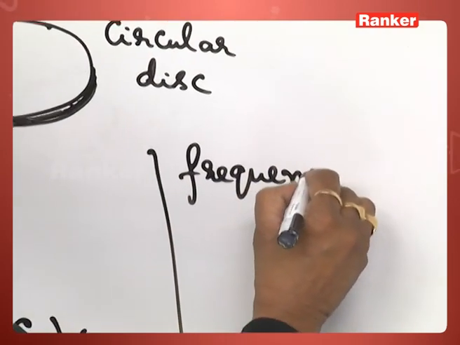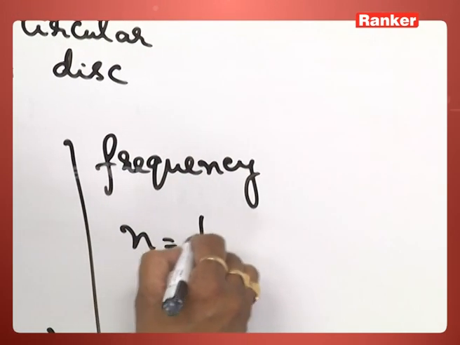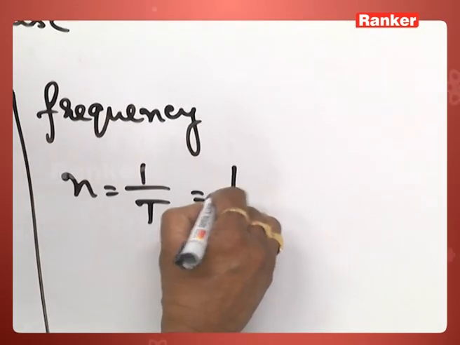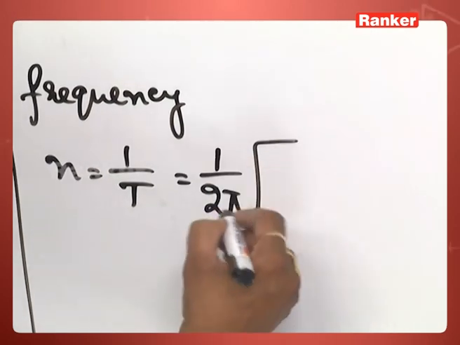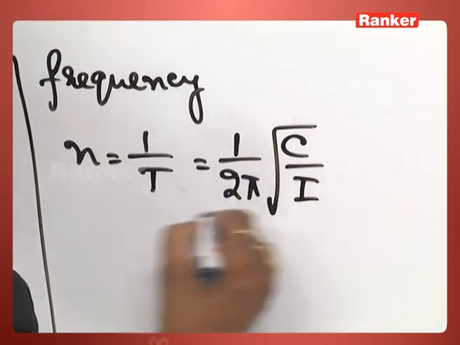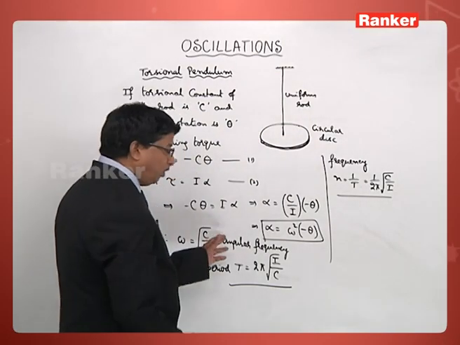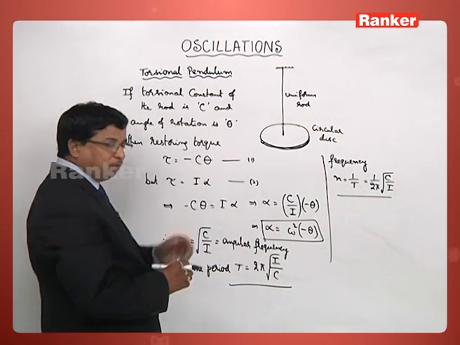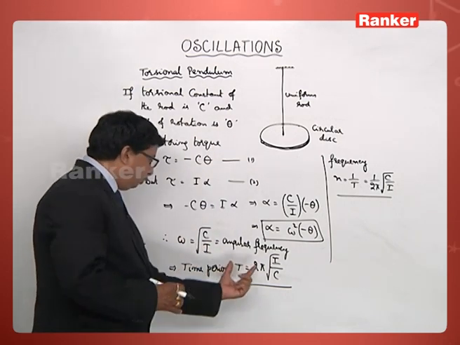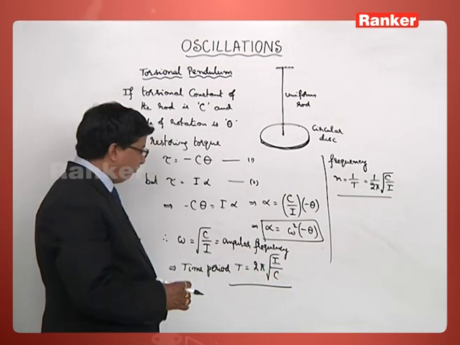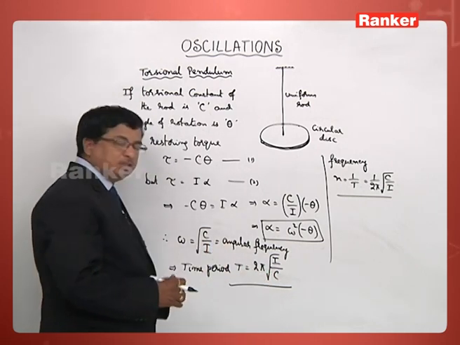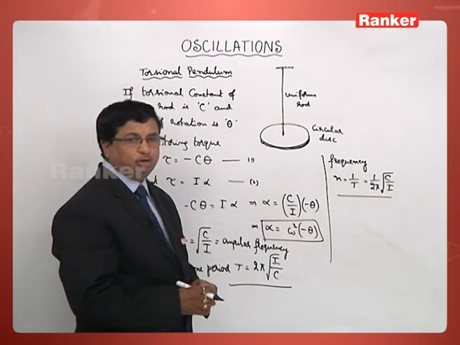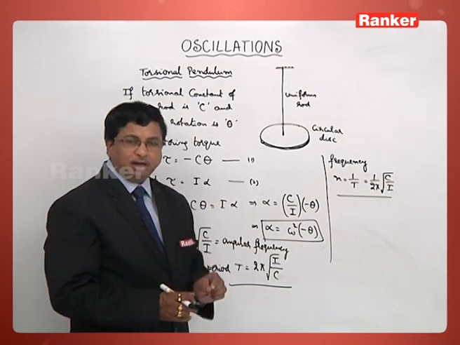N can be written as 1 over time period, reciprocal of time period, which is 1 by 2 pi under root C by I. So, one should understand here C being the torsional constant, I being the moment of inertia. The time period becomes 2 pi root I by C. Angular frequency becomes under root C by I. Similarly, linear frequency becomes 1 by 2 pi under root C by I.